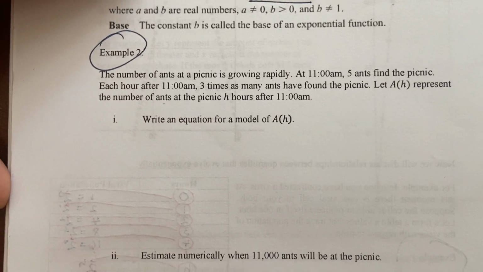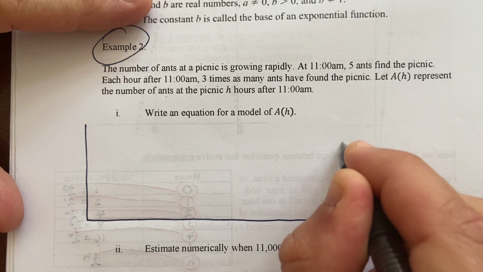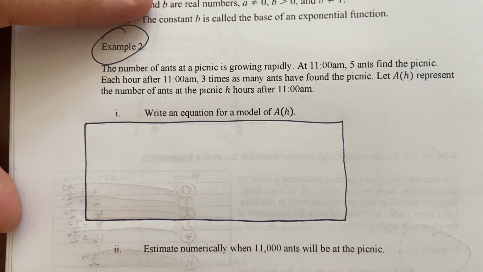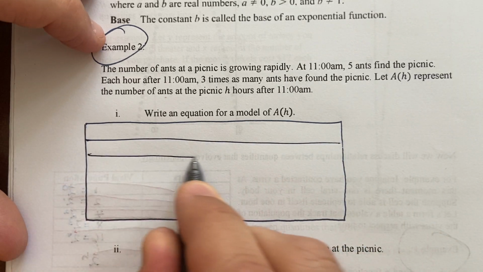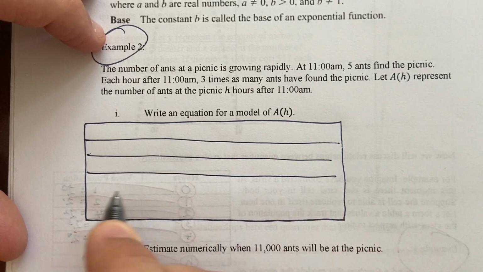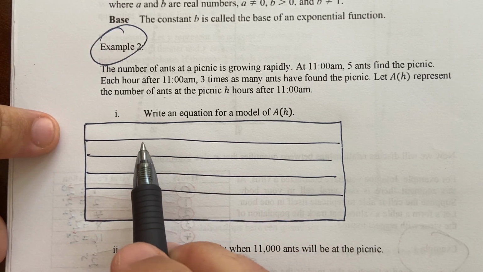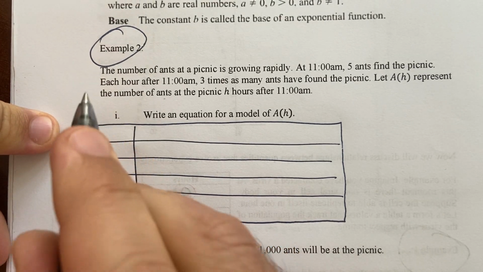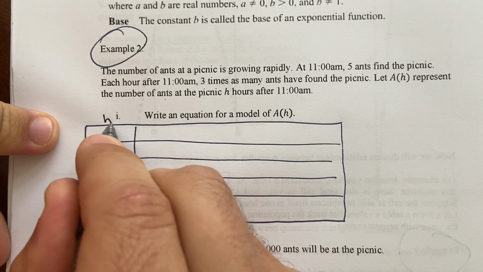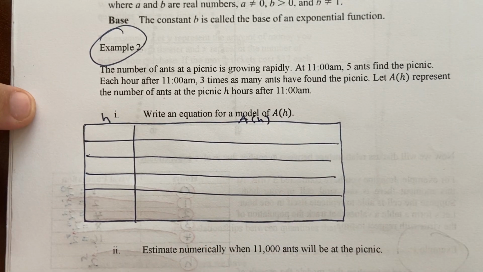Okay, so at this preliminary stage, what I'm going to do is use another table. So over here, I'll have H, and then this will be A of H over here.